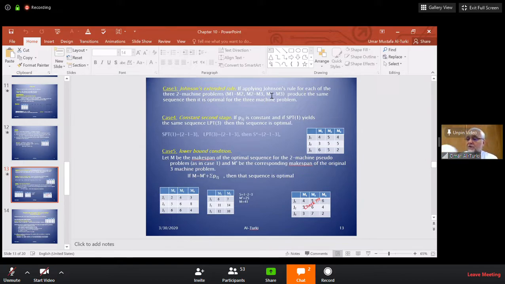You got the point? I'll take 1, 2, apply Johnson, and get a sequence. Take 2, 3, apply Johnson, you get another sequence. Take 1, 3, apply Johnson's rule, you get a third sequence. If these 3 sequences are the same, it means that this is an optimal solution. And here we are assuming the dominance relationship is not there. If the dominance relationship is there, then we would use case 1 or case 2.